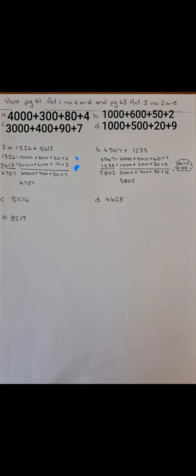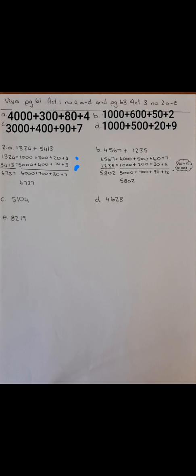So I said 1,000 plus 5,000 is 6,000. 700 is 300 plus 400. And then I had 30 from 20 plus 10. And then I had 7 from 4 plus 3. I'm just going to take those away so you can see my final answer here, which is 6,737.